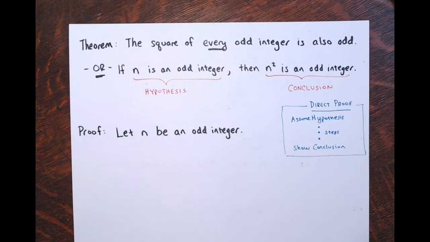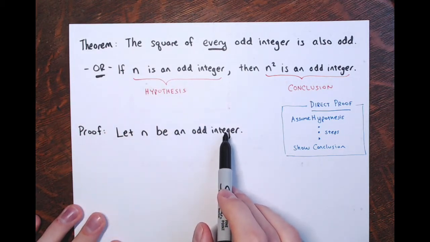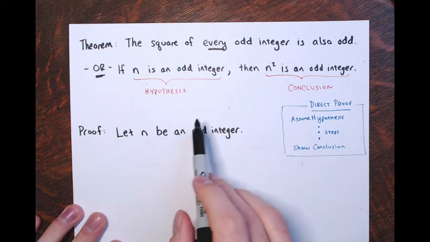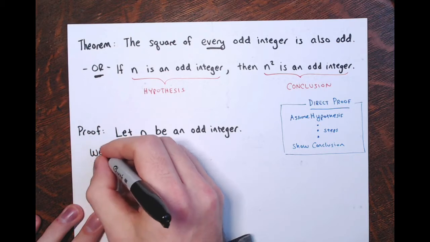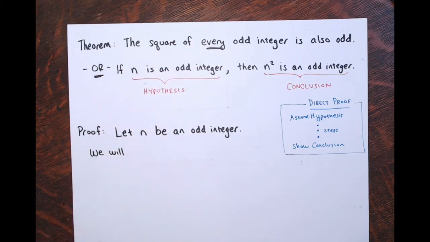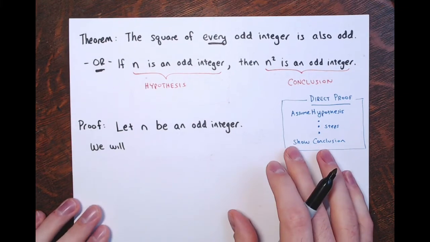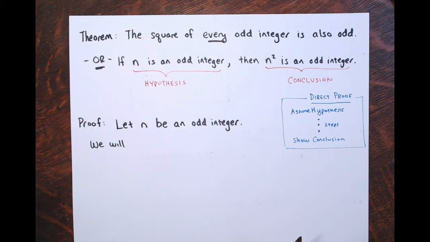Now, very often in a proof, as you saw in previous sections, we'll also state for the reader what we're trying to show, what this proof is going to lead to. So I state the hypothesis, that assumption, introduce the variable n, then I will say we will show. And usually we use the word we, not I. I don't know why that is, but it makes it more general.